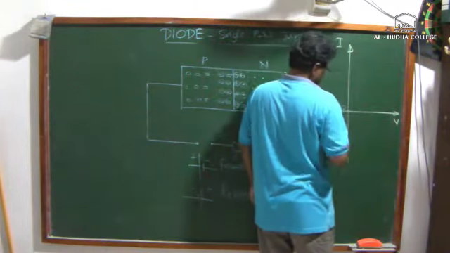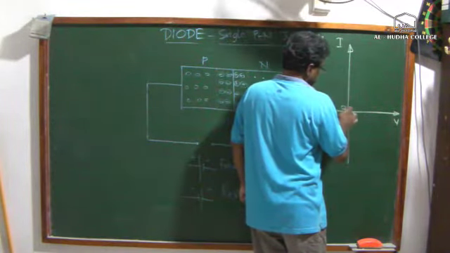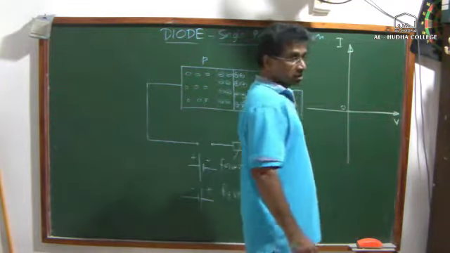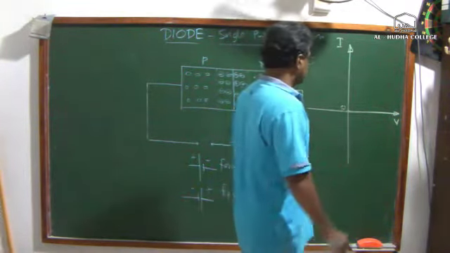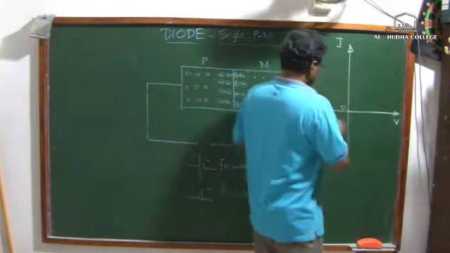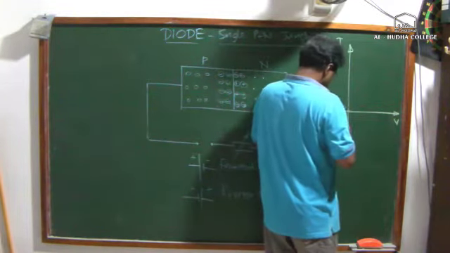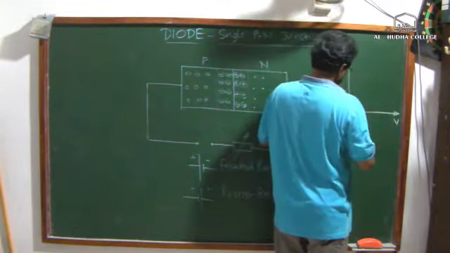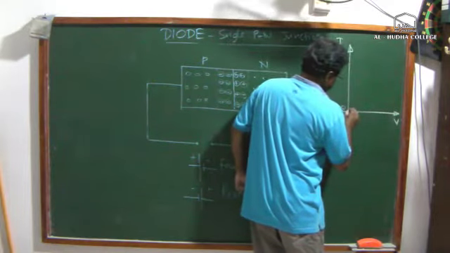And I told you, until the barrier potential is reached, there will be a small leakage current, and that is not very significant. So your curve will be something like this.